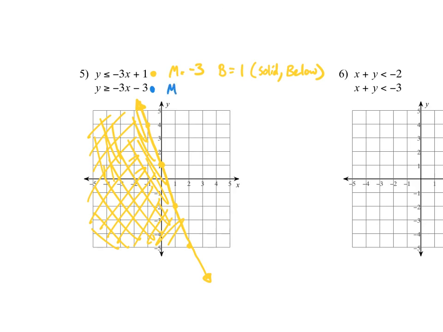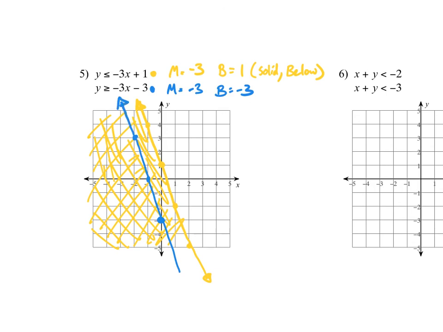It is also ready. Here, m is equal to -3. B is equal to -3. So you're right here, down at -3, and then it's going to be up 1, 2, 3 over 1, up 1, 2, 3 over 1, up. Okay, now this is also a solid line. Here's the big thing I want to bring up to you right here.